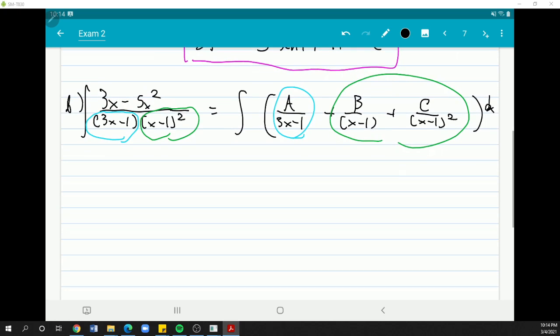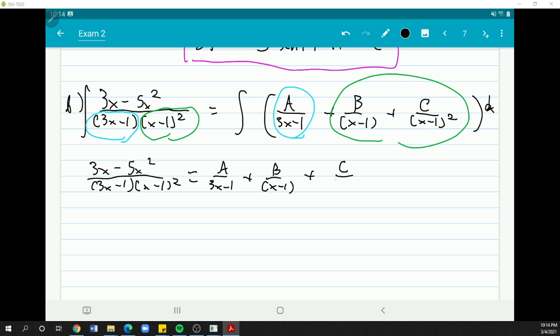So let's go ahead and solve that. So I'm just going to write this out one more time. 3x minus 5x squared over 3x minus 1 times x minus 1 squared equals a over 3x minus 1 plus b over x minus 1 plus c over x minus 1 squared.